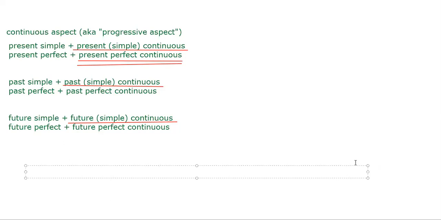Not rarely, I should say occasionally, but it's a similar meaning. Anyway, what was I going to say? Oh yeah, so the present perfect continuous, let's look at how it differs from the present perfect.